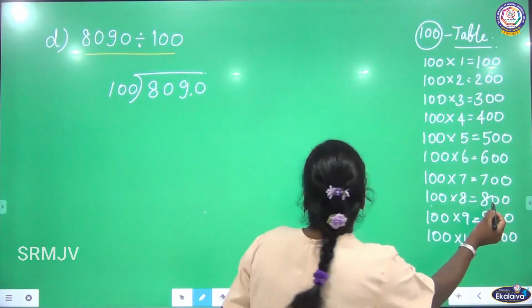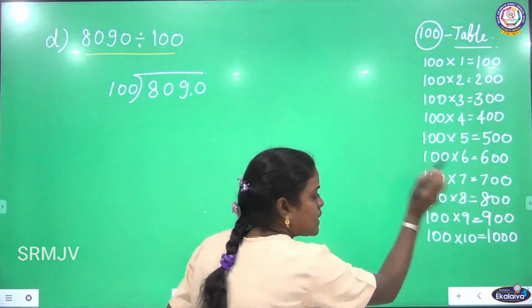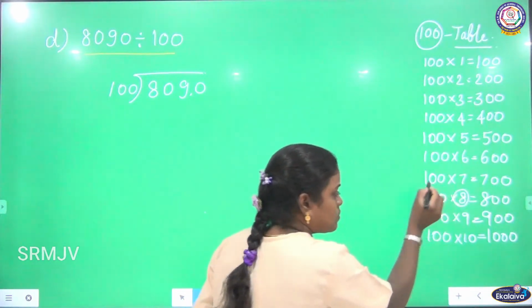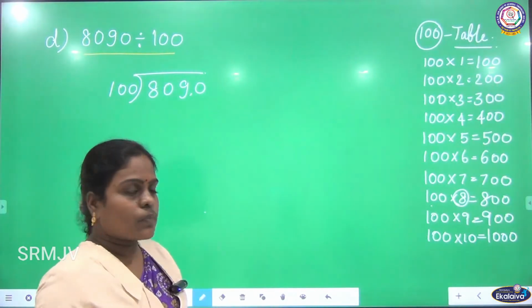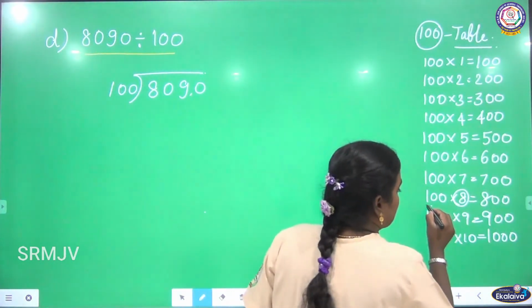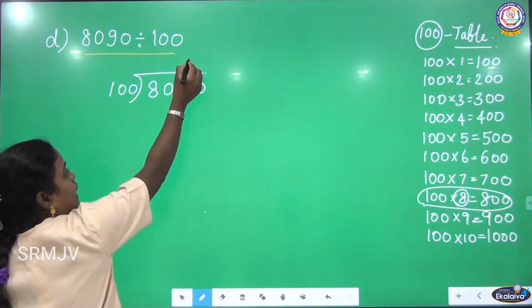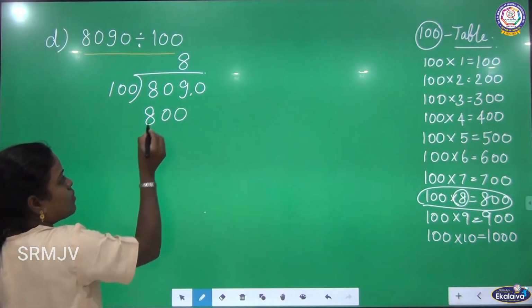100 8s are 800 and 100 9s are 900. Here we are going to choose the 8th term because 900 is greater than the dividend. So we are going to take the 8th time. Write 8 in the quotient, 800 below the number.